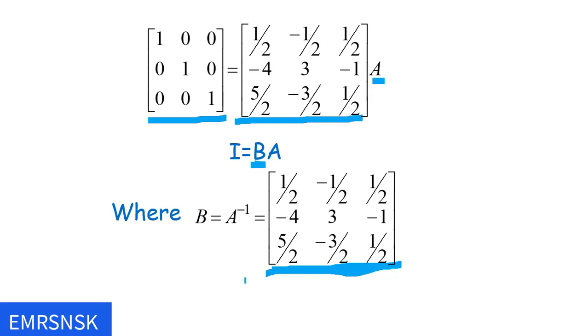You can apply column transformations also to solve this kind of example. Okay, so by using elementary operations we have found the inverse of a given matrix of order 3 by 3. Thank you and have a nice day.